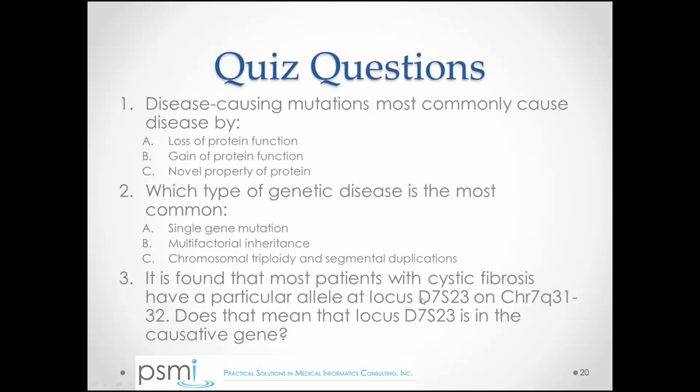So a particular allele at this locus was commonly seen along with cystic fibrosis. We knew that this marker was on chromosome 7 in the 31 to 32 band. So this question is getting at, what does that tell us? Does it mean that this particular locus is in the causative gene?